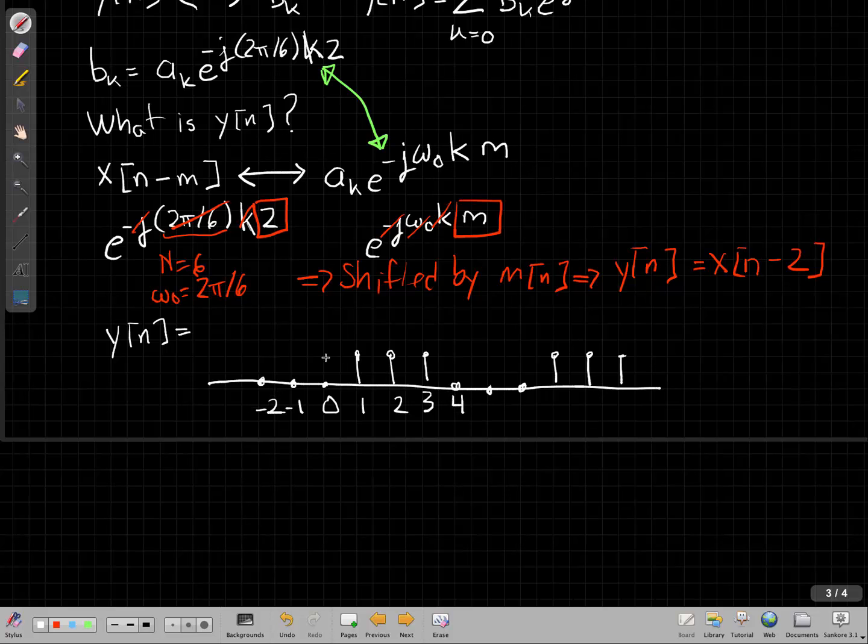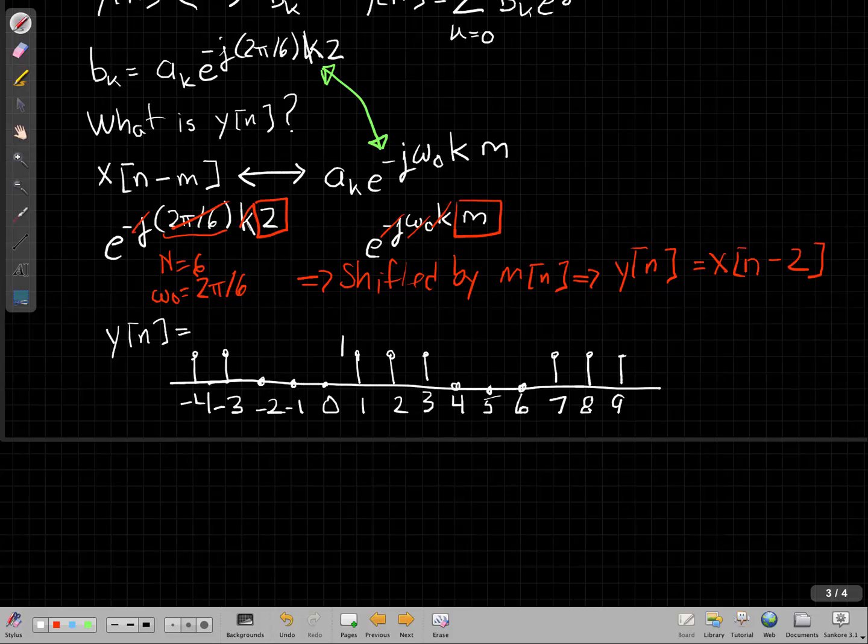So it's still height 1, but it samples 1, 2, and 3, then 4, 5, 6 at 0, 7, 8, 9, it's 1 again, and back here going to the left at 0, minus 1, minus 2, and then it's 1 for a few samples going back this way. So this is minus 3, minus 4, and so on. So it has the same basic shape, it's just shifted in time.